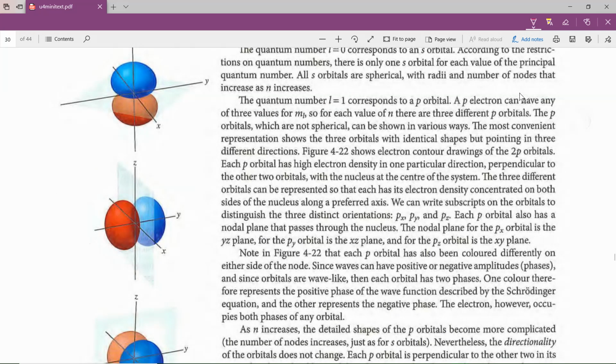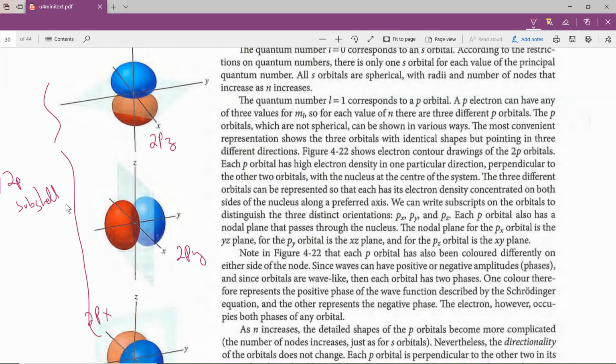If we get to L equals 1, which can only start at the second energy level and higher, then you can have, here's the first one, a 2pz, a 2py, and a 2px orbital. Altogether, those groups of three orbitals make up what's called a 2p subshell.